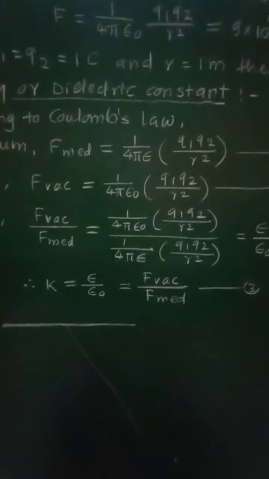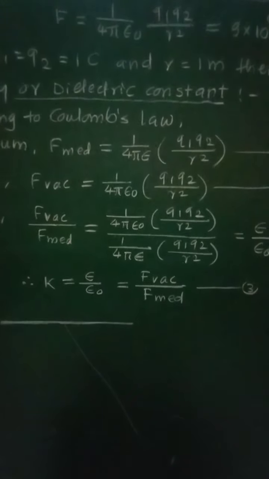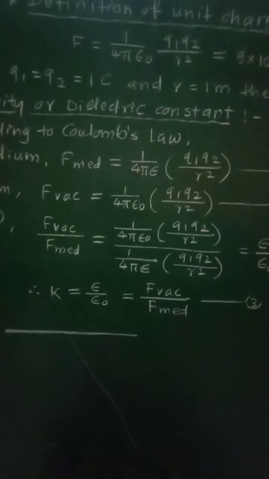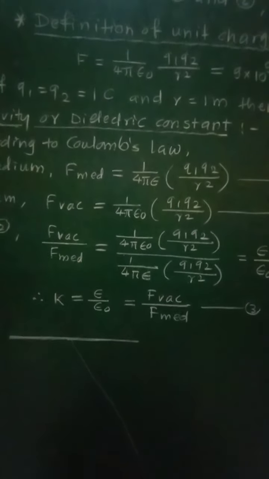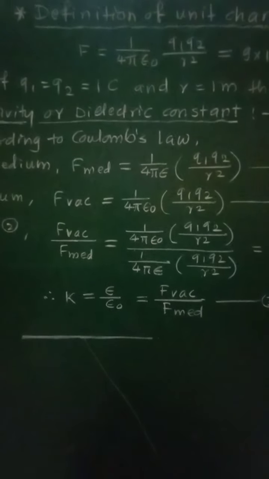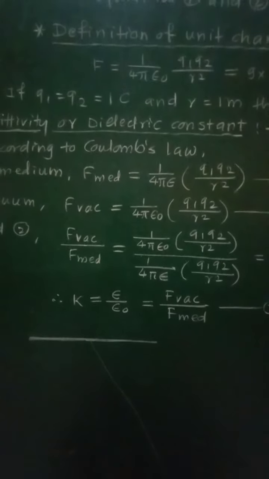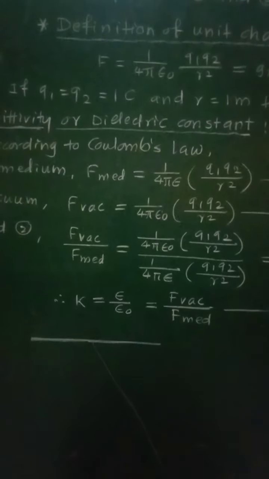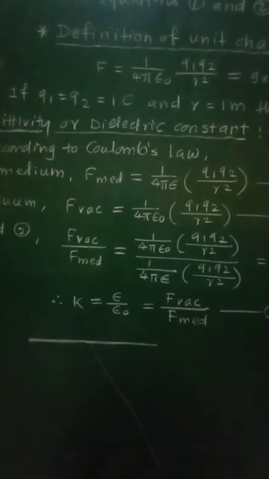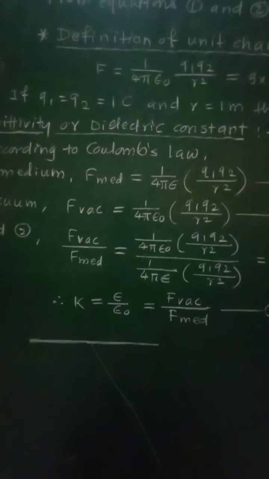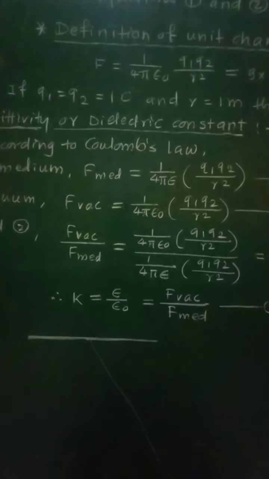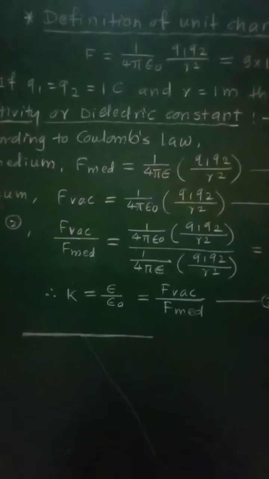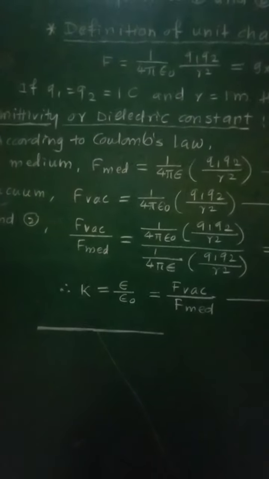This last equation 3 gives the relative permittivity or dielectric constant of that medium. Observing equation 3, we can say that first, the relative permittivity or dielectric constant K is the ratio of the absolute permittivity of a medium, epsilon, to the permittivity of free space, epsilon 0.